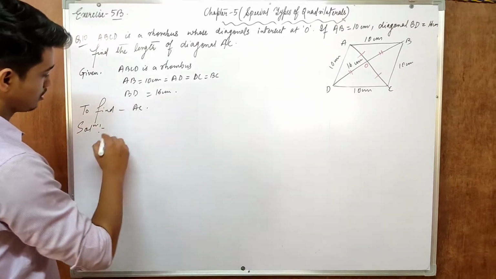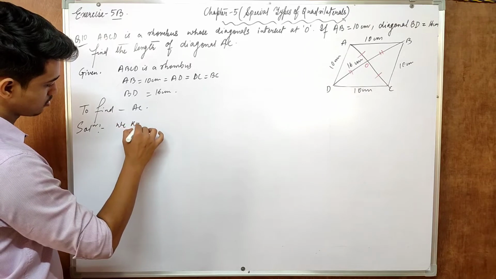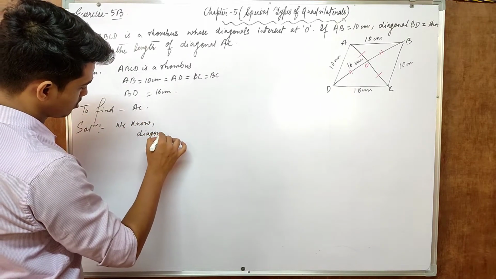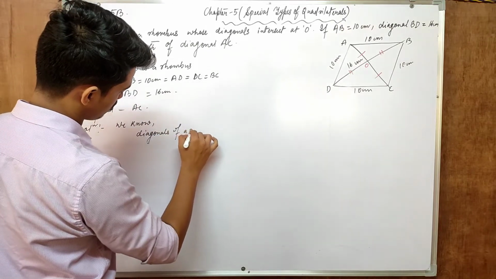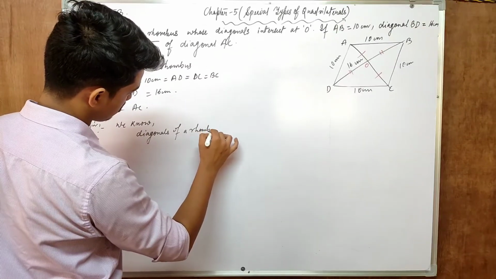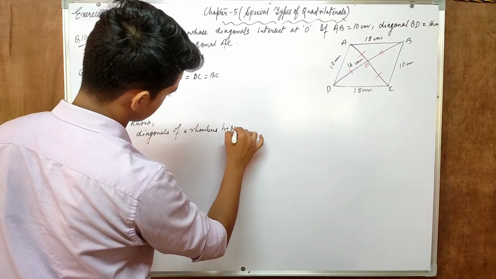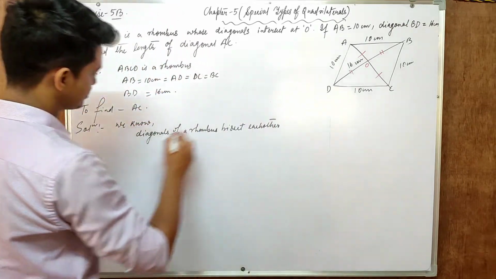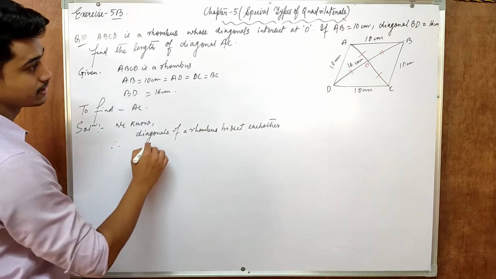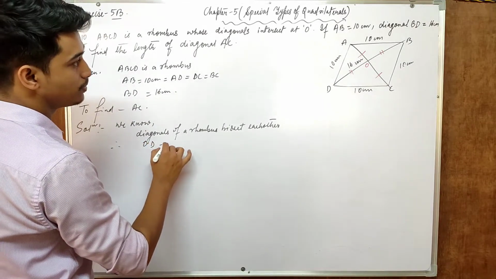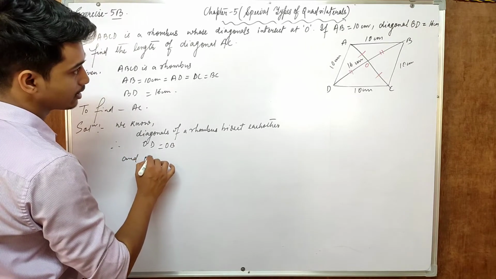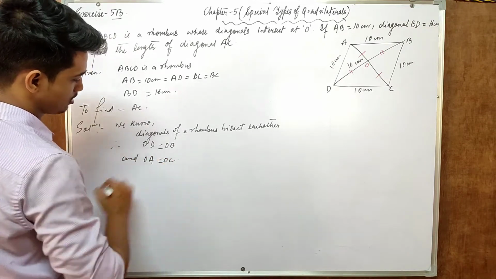We know the diagonals of a rhombus bisect each other. Diagonals of a rhombus bisect each other. Therefore OD equal to OB and OA equal to OC, right?